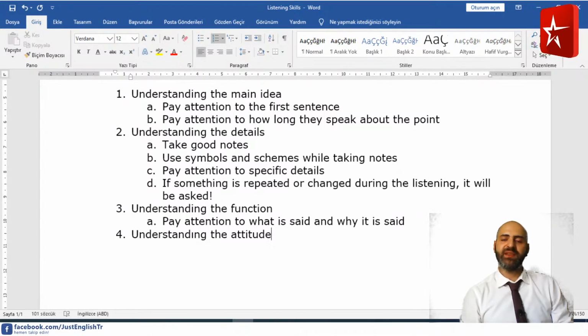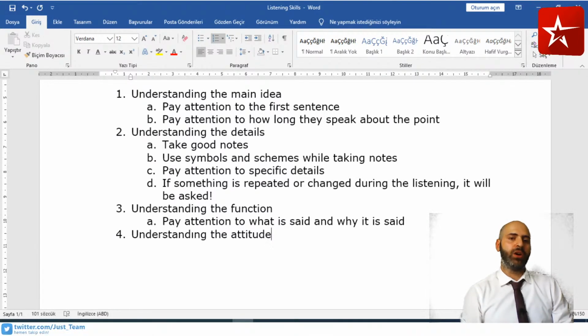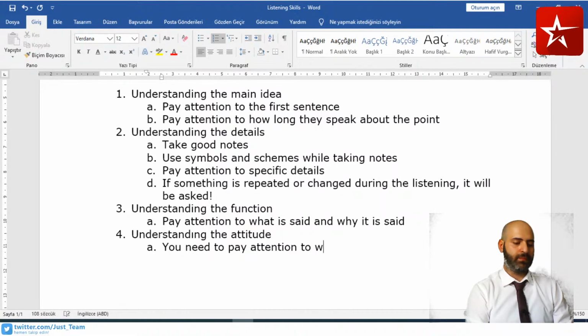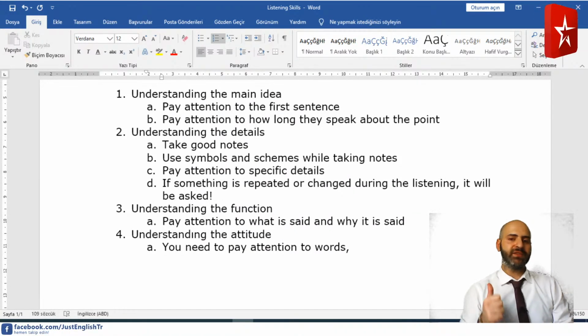When we are talking about this, you need to pay attention to one thing. You can understand the attitude of the person, of course, with words. You need to pay attention to words, sure. But at the same time, the intonation, the tone of the person, the pitch of the person is very important.